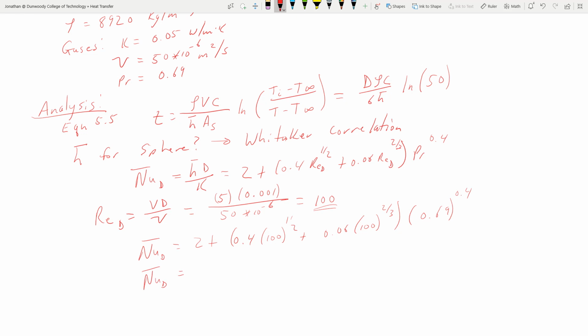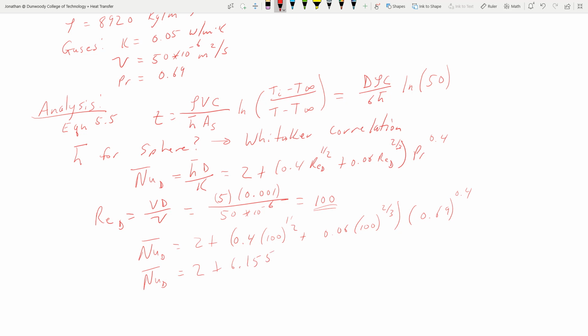Plugging that in my calculator quick, I get 2 plus 6.155.